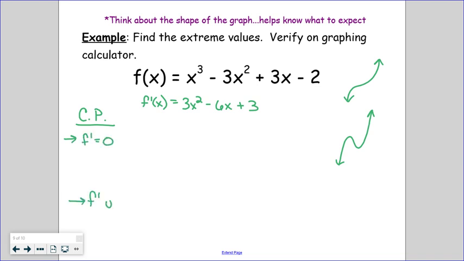Where is my derivative undefined? Those are the two things I think through. If I set the derivative equal to 0 and solve, factor and/or quadratic formula, right? It's a quadratic, so that's my options. There is a GCF. It's going to make this one a little easier for you.